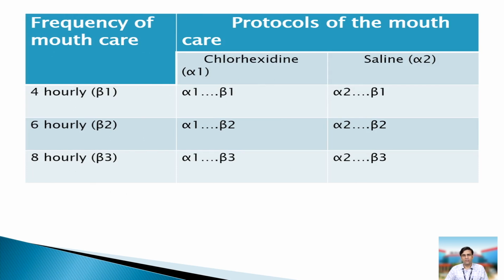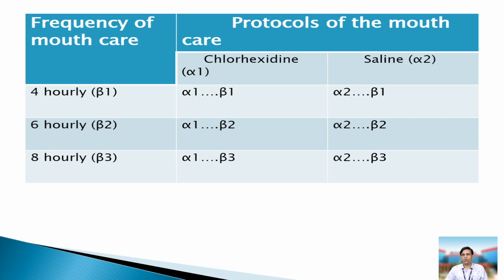Now we can see through this example that there are some frequencies of mouth care and there are protocols of mouth care. There are three frequencies kept in this example: 4 hourly, 6 hourly, and 8 hourly. The 4 hourly frequency is known as beta 1, 6 hourly as beta 2, and 8 hourly as beta 3.